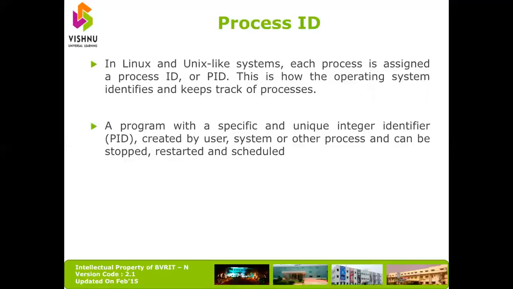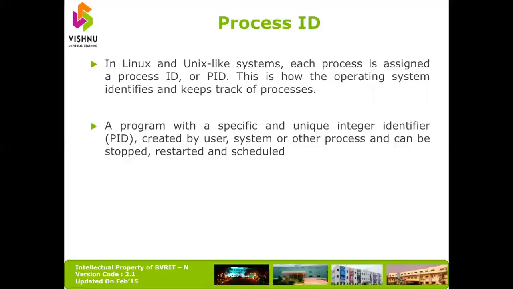Now, every process is uniquely identified in any operating system, and in a Linux-like environment we call it a process ID. So the process ID is a unique number given to a process to identify it uniquely. In general, the process ID is an integer.